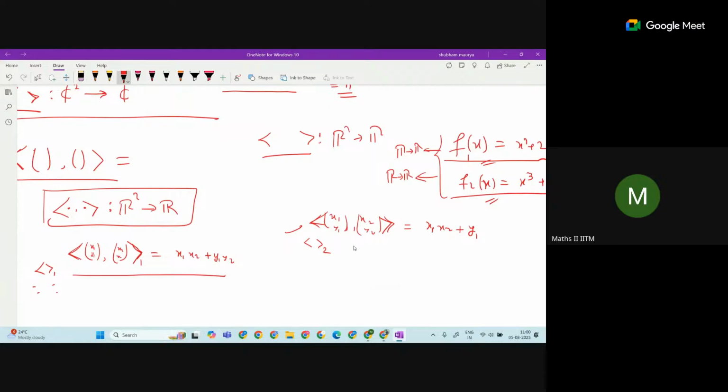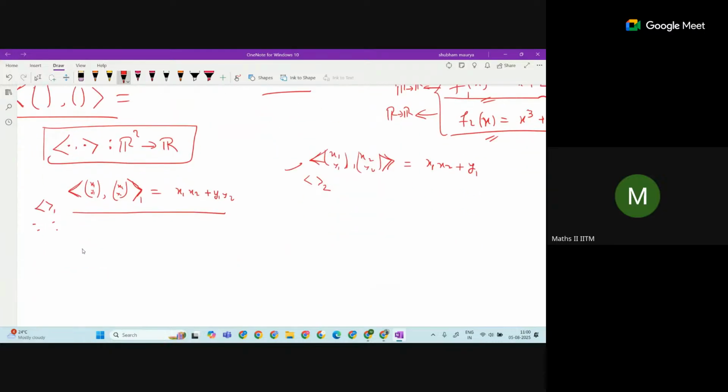Suppose you have some functions, let's say f1 and f2. If function f1 follows some set of rules, I will call f1 an inner product. If function f2 is not following the same set of rules, then I will not call f2 an inner product.